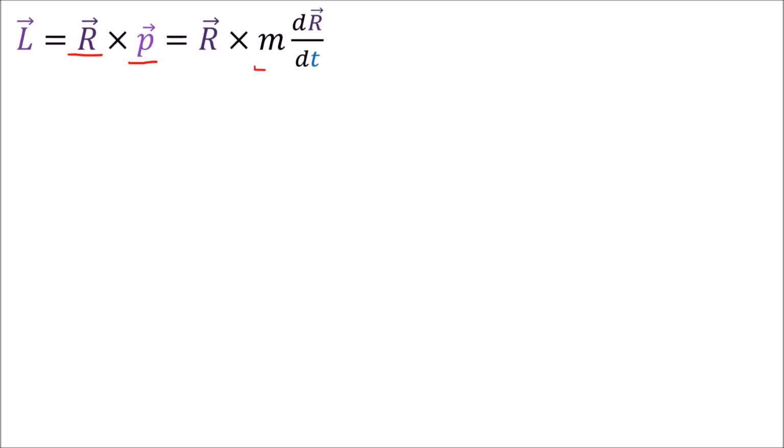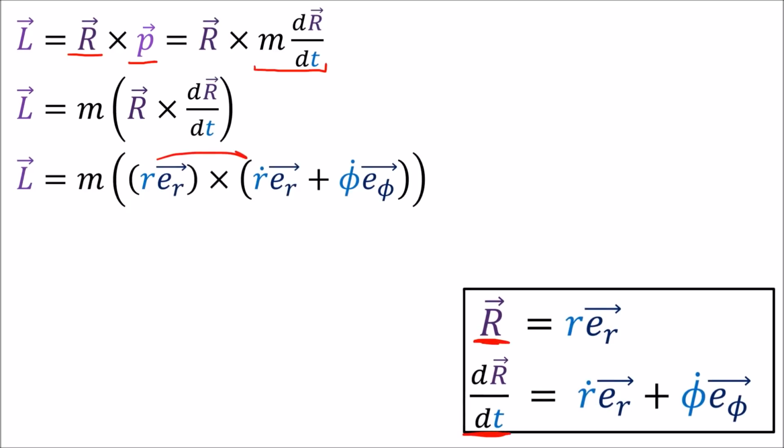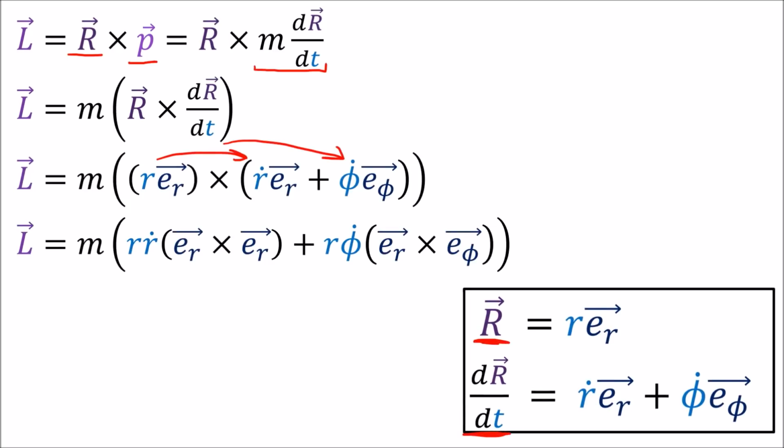We know that this planet's angular momentum vector L is just the cross product between its position vector capital R and its linear momentum p, which is mass times its velocity vector. If we sub in our formulas for the position and velocity vectors and distribute over the cross product, we know that the cross product of a vector with itself is 0.